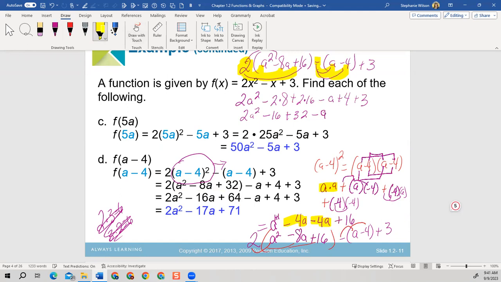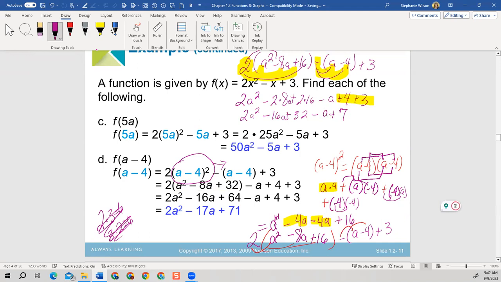They are like terms, this 4 plus 3. And that gives me a positive 7. All right. So we're almost done. Oh, don't forget your a on that negative 8. Okay, don't forget that. And be careful with your notation. This a almost looks like a 9, so we got to be careful out there writing.